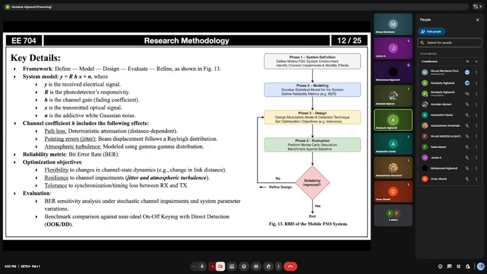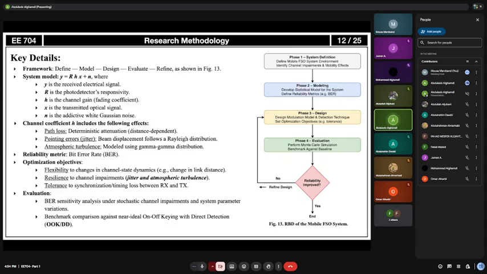Further details about the system model that we used are in this equation: y = RHx + n. This is the big picture of the mathematical model of the system, where y is the received electrical signal, R is the photodetector responsivity, h is the channel gain or the fading coefficient, x is the transmitted optical signal, and n is the additive white Gaussian noise.